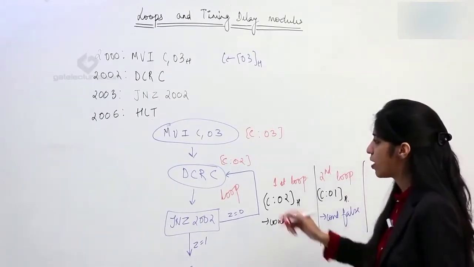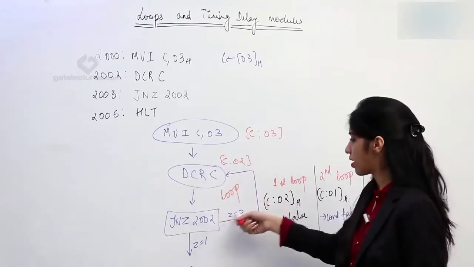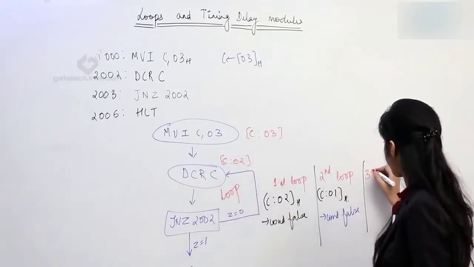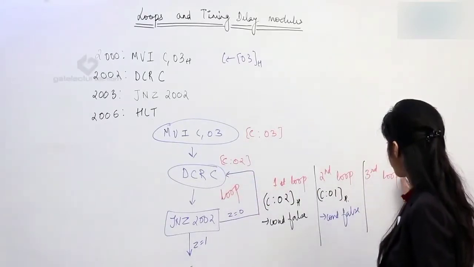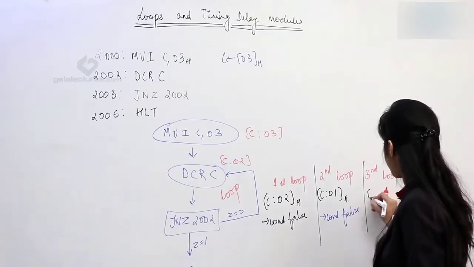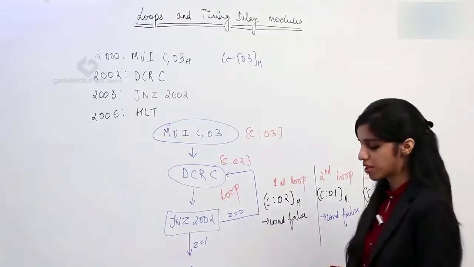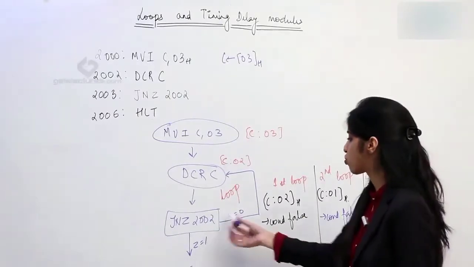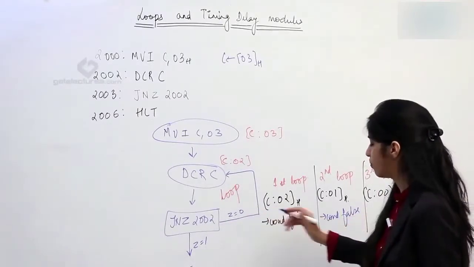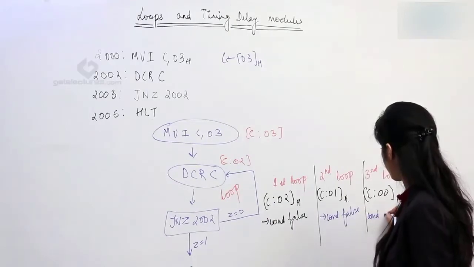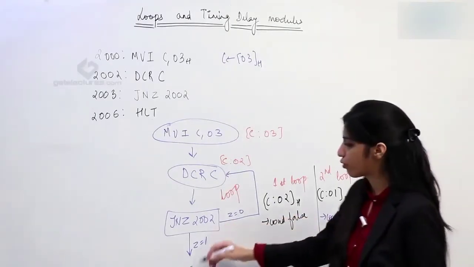Now what happens when again you reach here? In the third loop, the third time this happens, C is 00. Now you check the condition. Now the condition is true. Condition true means you will get out of the loop.